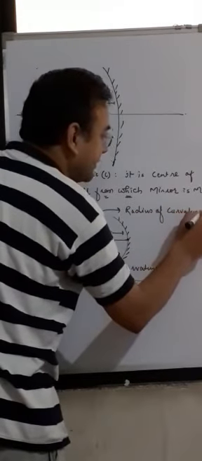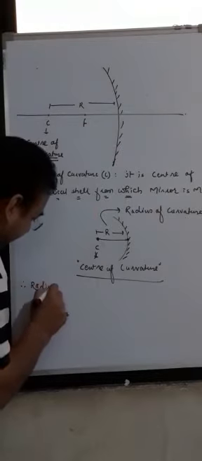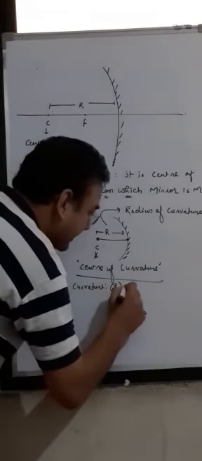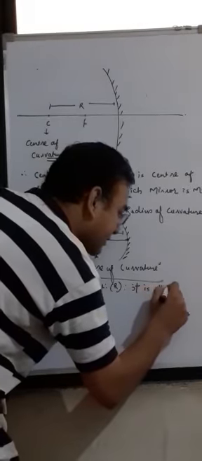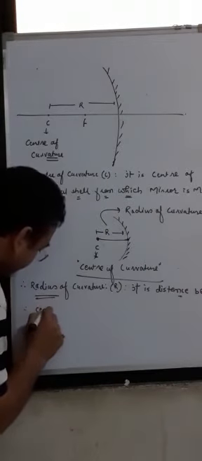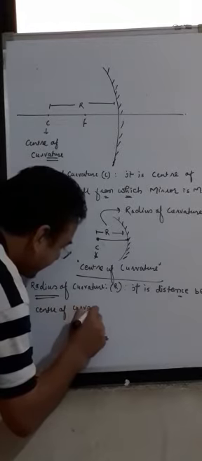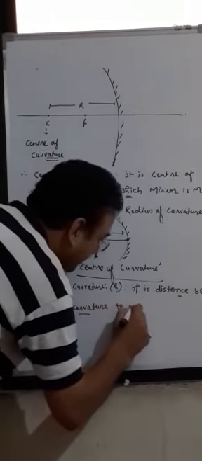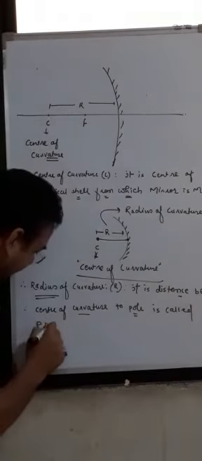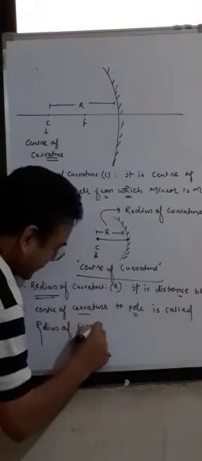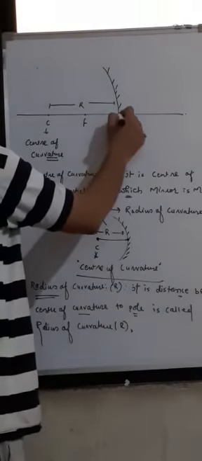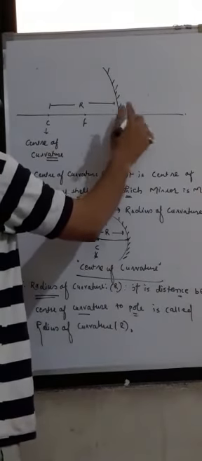Radius of curvature is the distance between the center of curvature and pole. It is denoted by R. This is called the pole.